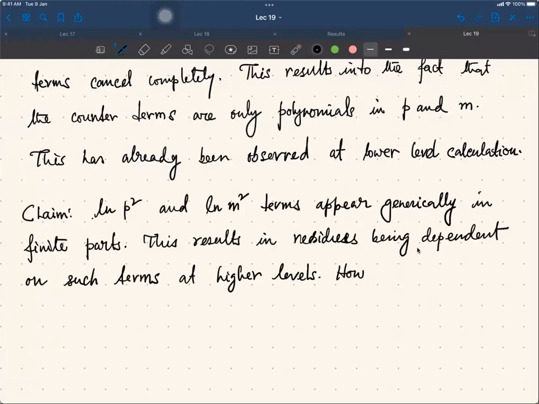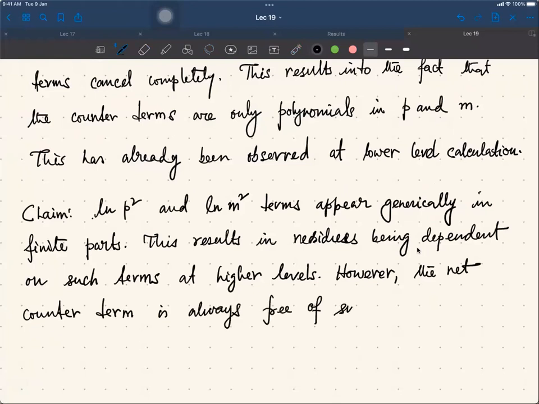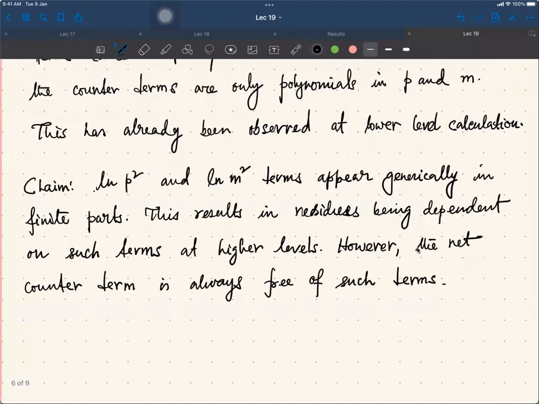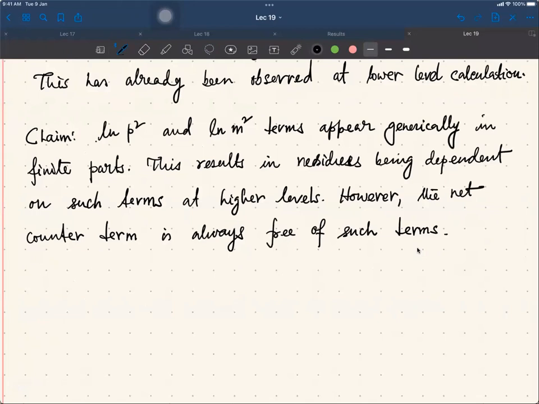However, the net counter term is always free of such terms. This is in some sense a statement of a theorem called the polynomial residue theorem.